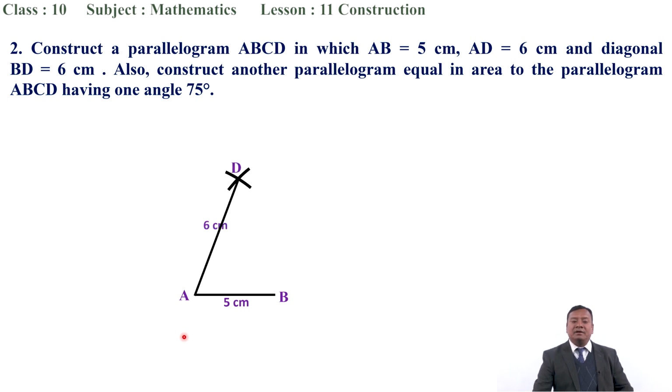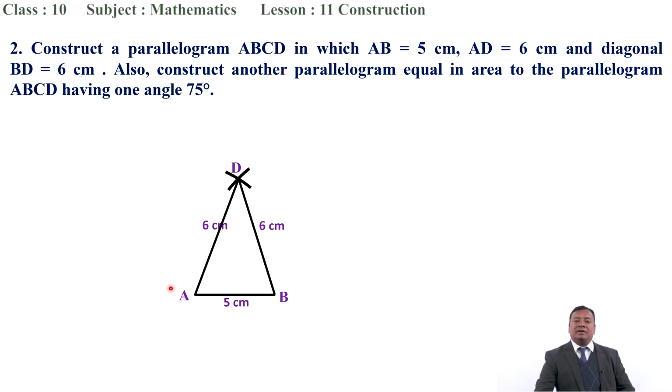Then from B, look carefully here, AD from A we have to cut off 6 centimeter, as well as from B the diagonal BD is given, so from B also we have to cut 6 centimeter. Then the intersection of the arcs we can call D, right?